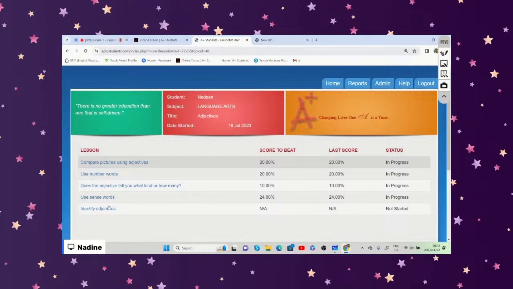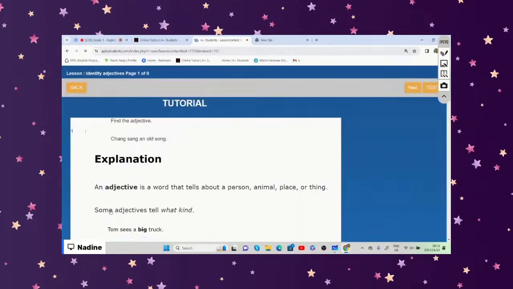All right, so now we're going on to identifying adjectives. So we need to identify adjectives.